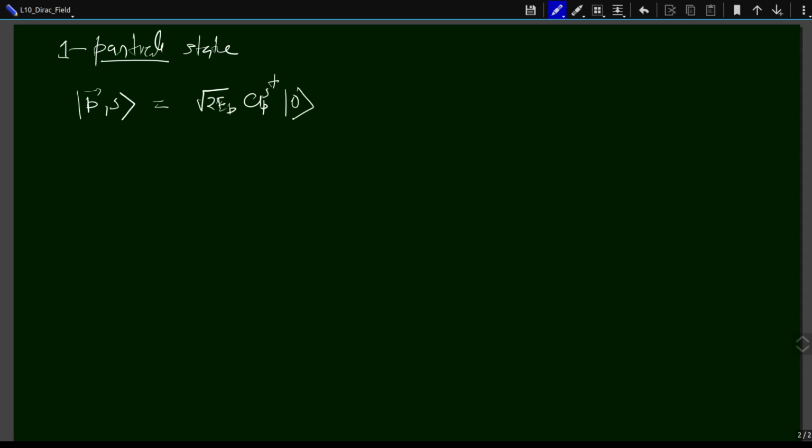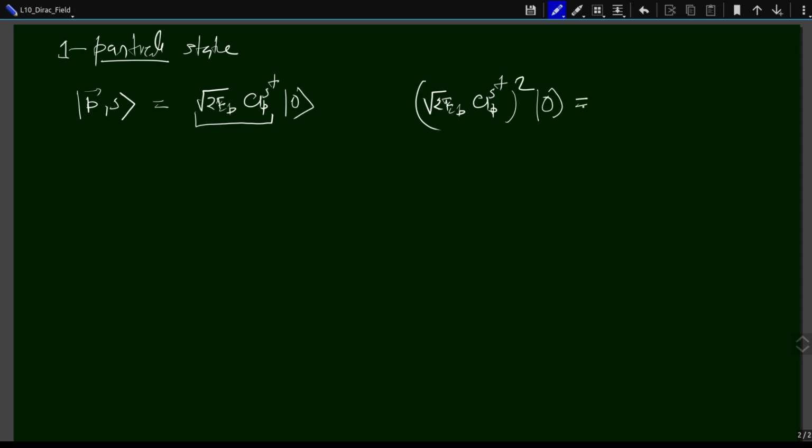Now what happens if I want to put another particle in the same state? I will act by this operator once more, and it will be a two particle state, two particles having momentum p and spin s. That would require square root of twice E_p, a_{p s} dagger acting twice on the vacuum.